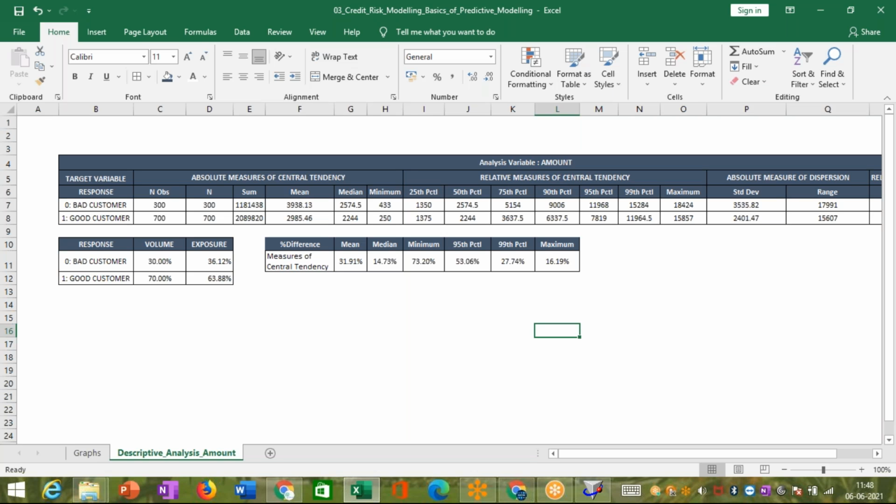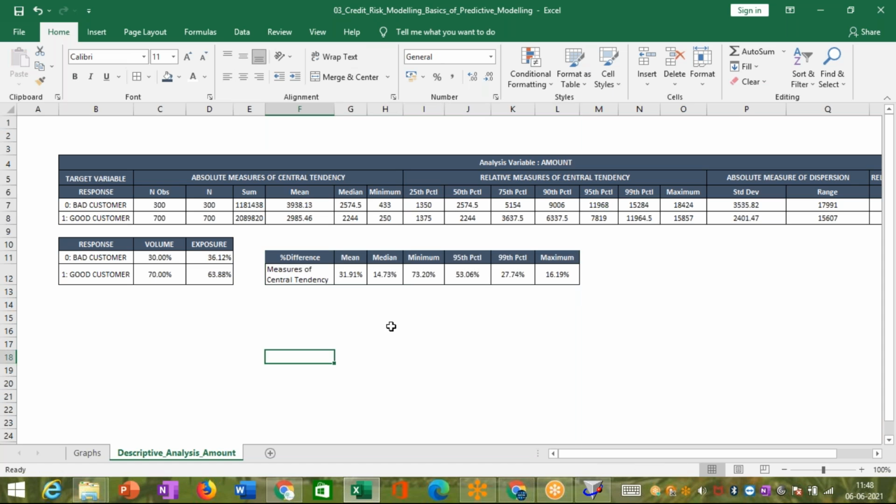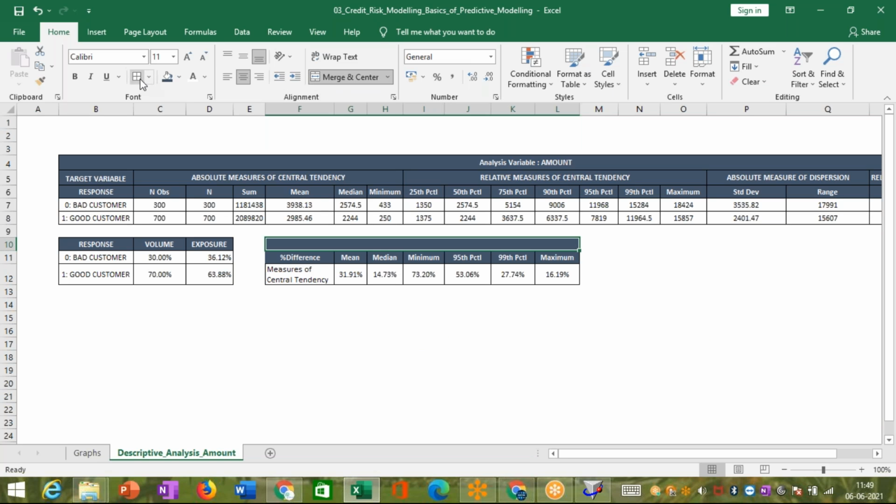So what it means is that if I just use the amount variable and develop a model, I should see a clear distinction in the average behavior of the two groups.